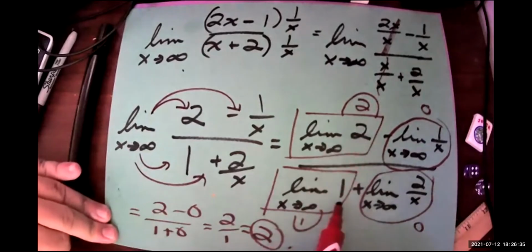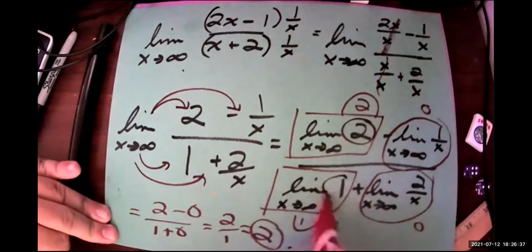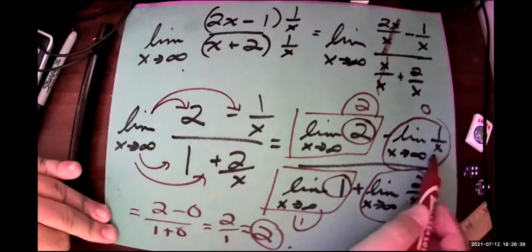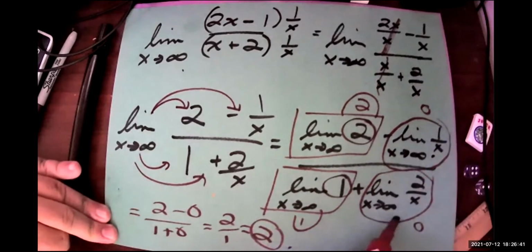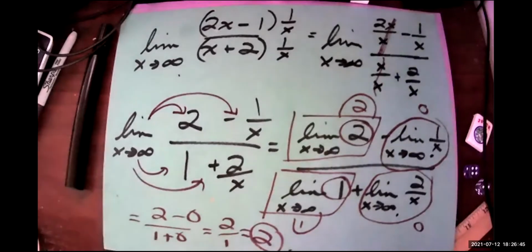This is 2, this is 1, obviously, because there's no variable in there anyway. And this we've already defined as 0, and this is also defined as 0. The answer is a simple arithmetic like this. Not so simple, right? Let's do that other one, and then we'll call it a day.